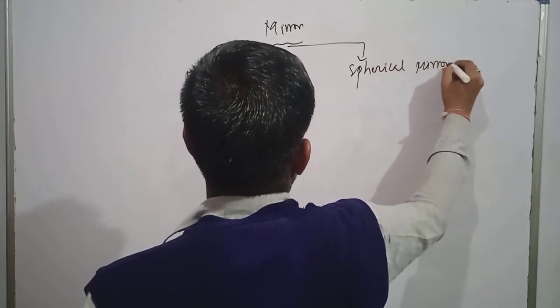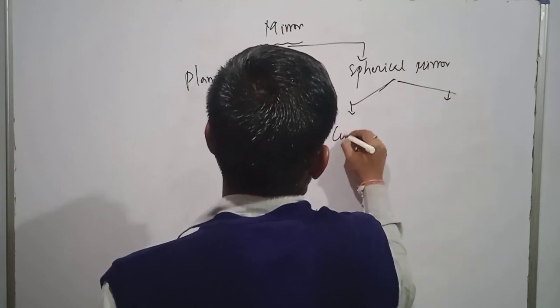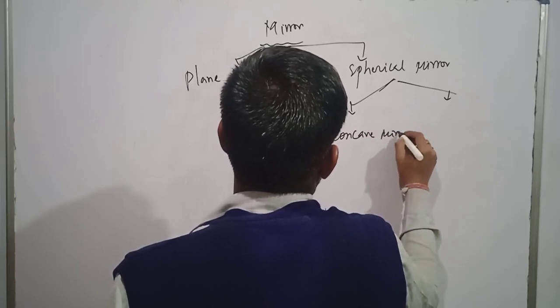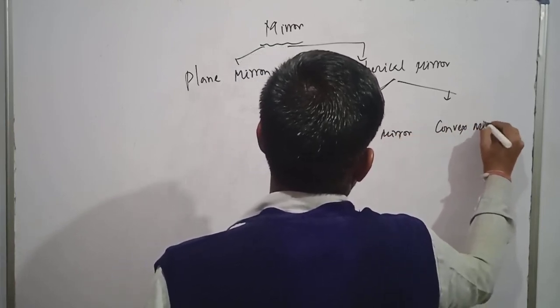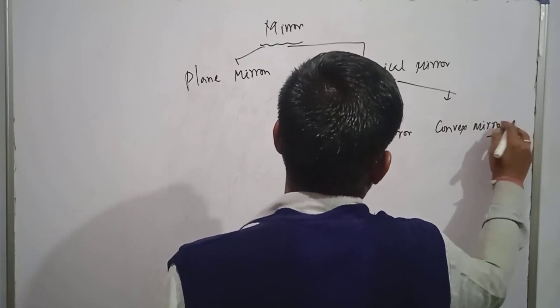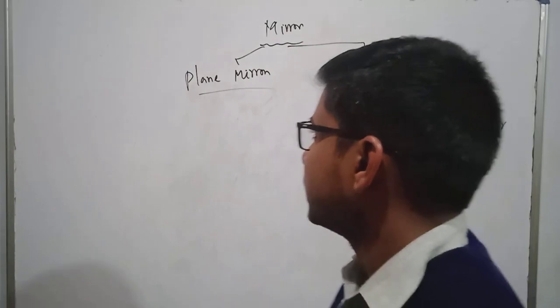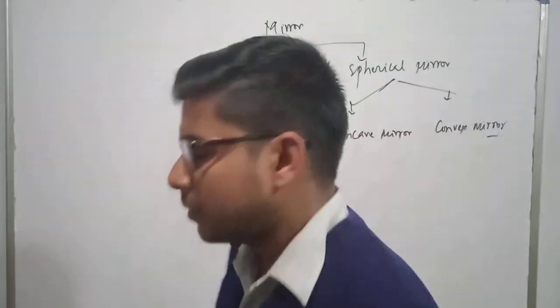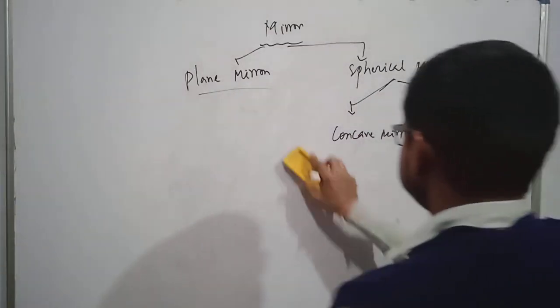Spherical mirror is further categorized into two groups: one is the concave mirror, and the second is the convex mirror. What is a concave mirror, what is a convex mirror, and what is a plane mirror? Now first we'll learn something about the plane mirror, then we'll go to the spherical mirror.